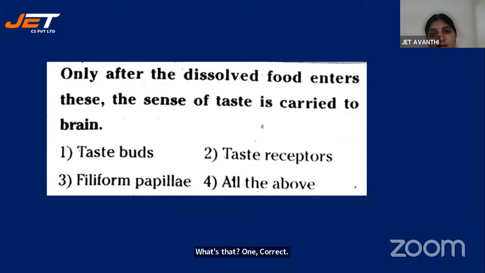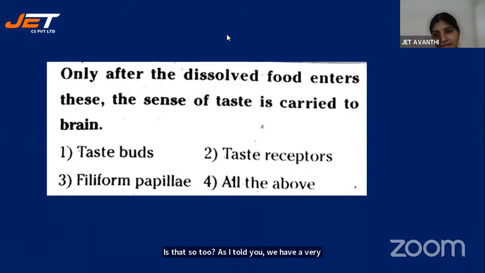Only after the dissolved food enters these, the sense of taste is carried to the brain. Through which receptors? Taste buds, taste receptors, filiform papillae, and all the above. What's the answer, children? As I told you, we have very specialized receptors, sensory cells.